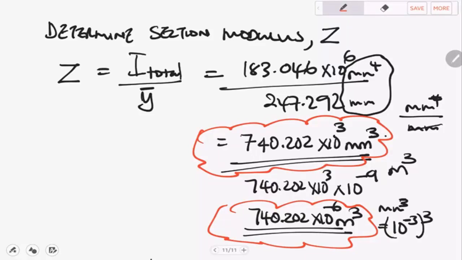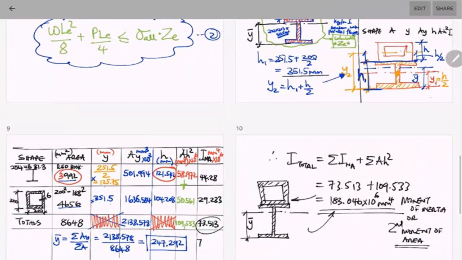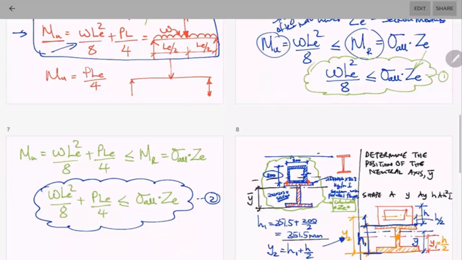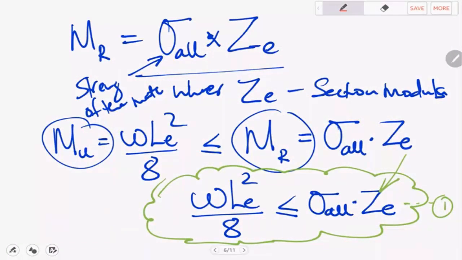So once you have determined the section modulus, we can then come back to this expression. We are coming back to that expression now.